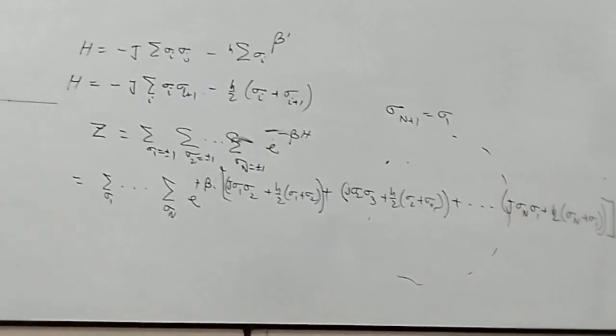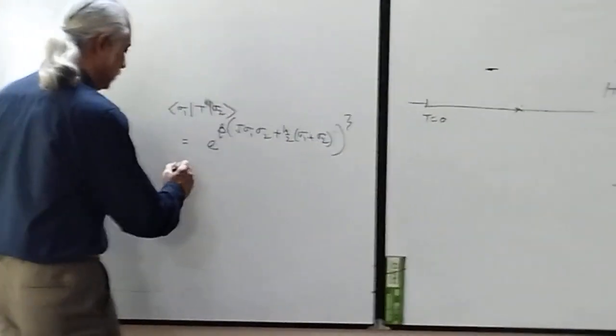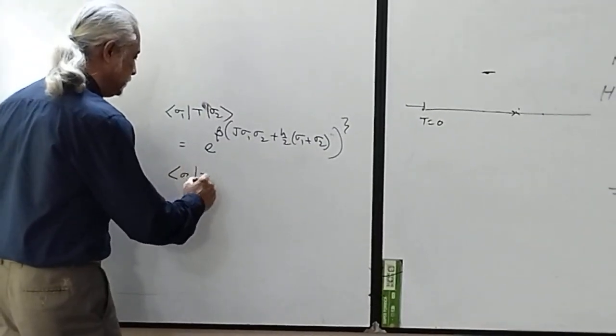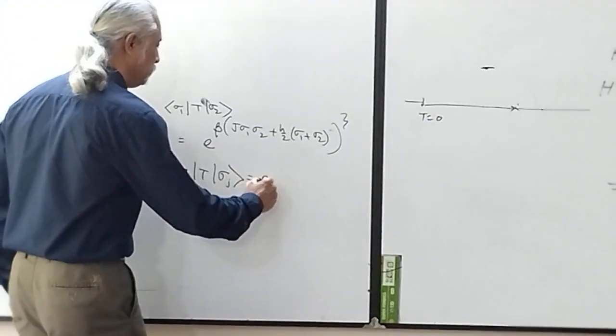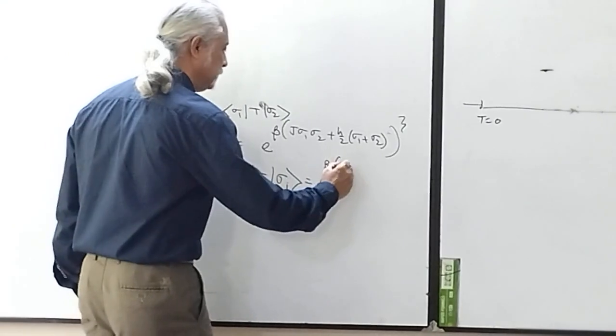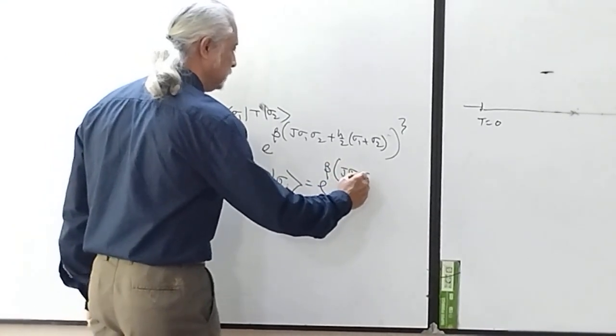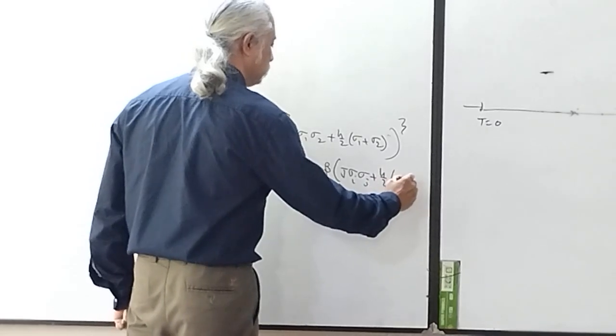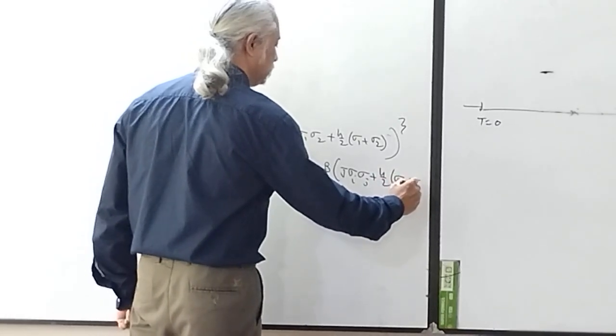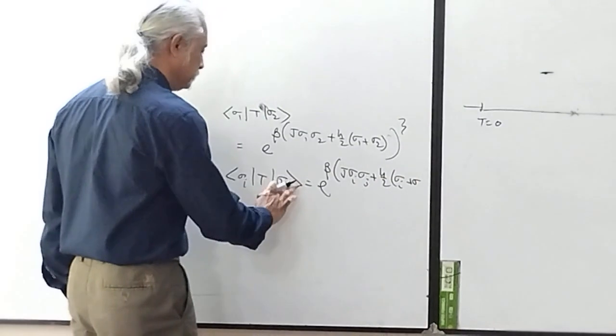In other words, in general I can define sigma i T sigma j equal to e to the power beta J sigma i sigma j plus h by 2 (sigma i plus sigma j). Here j means i plus 1.